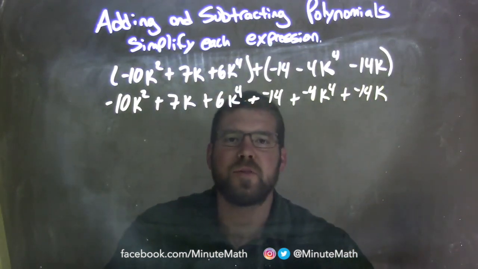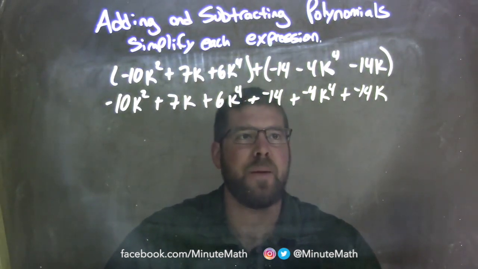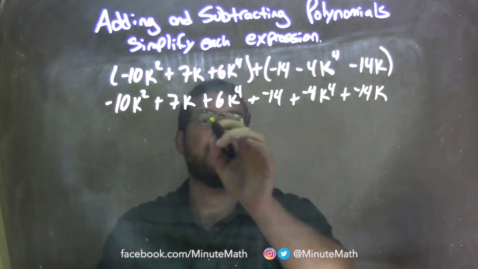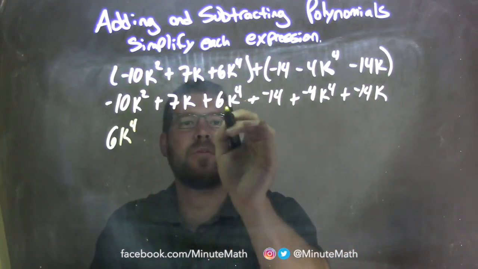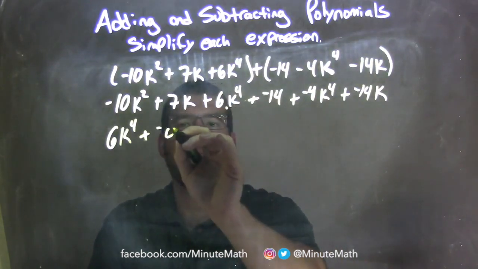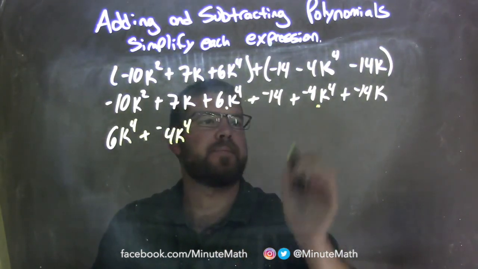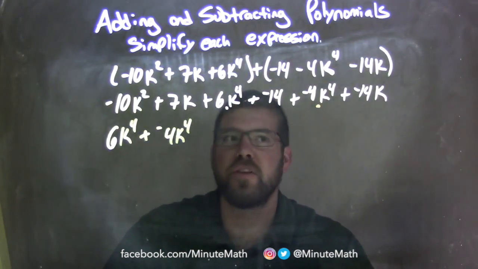So now what I want to do is I'm going to rewrite this using the commutative property and combine my like terms and put my highest degree first. Highest degree I see is to the fourth power. So 6k to the fourth, we write fourth, put a dot underneath it, should have brought it down. Add a negative 4k to the fourth right there. And I don't see anything else to the fourth power. I don't see anything in the third power, so let's go to the second power.